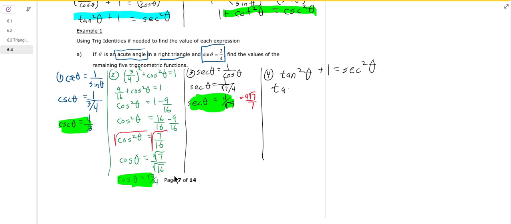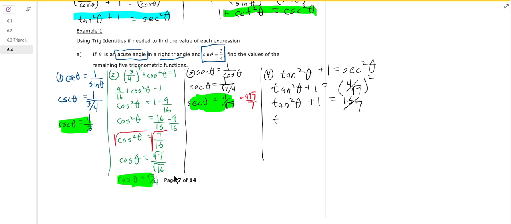Now the secant was 4 over root 7. So we're going to take 4 over square root of 7 and square it. Then we'll have tangent squared theta plus 1 equals 4 squared is 16. Square root of 7 squared is 7. So we get 16 over 7 like that.